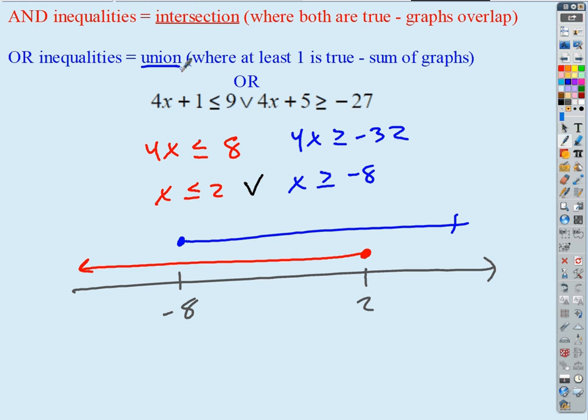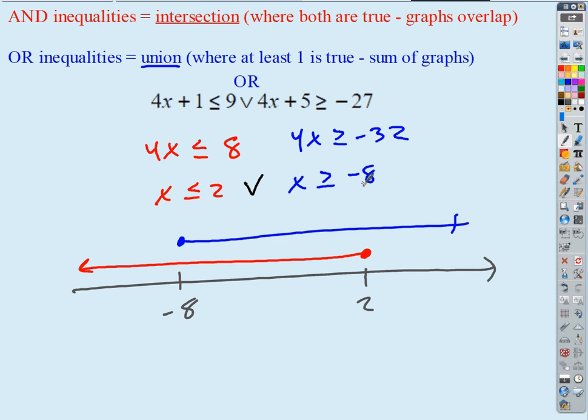Because look, everything, I can take -1 billion. -1 billion is less than or equal to 2, or -1 billion is greater than or equal to -8. True or false? True, because it's less than or equal to 2. It's an OR statement. Positive googol. You know what a googol is? Yes, 10 to the 100 power. So positive googol is less than or equal to 2, or it's greater than or equal to -8.